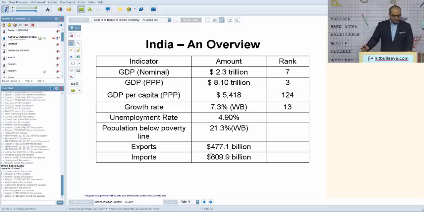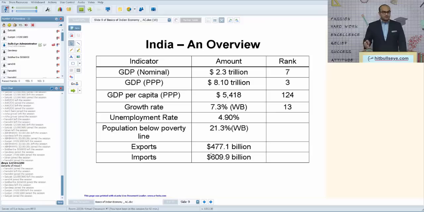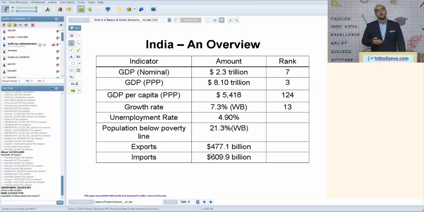So Divya has asked the merits of mixed economy, right? Divya, the merits of a mixed economy is a combination of socialism and capitalism, and as far as demerits is concerned, it is the same story. So wherever the government intervenes a lot, there is a propensity of corruption that we are seeing around us everywhere.